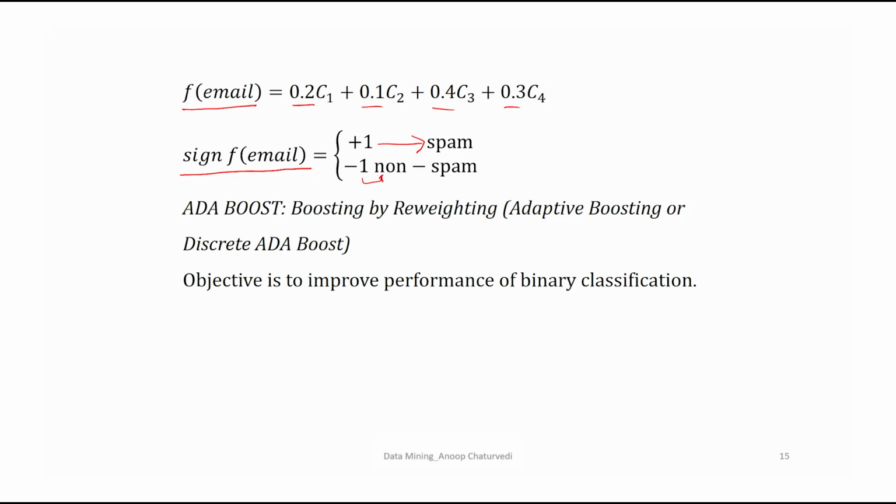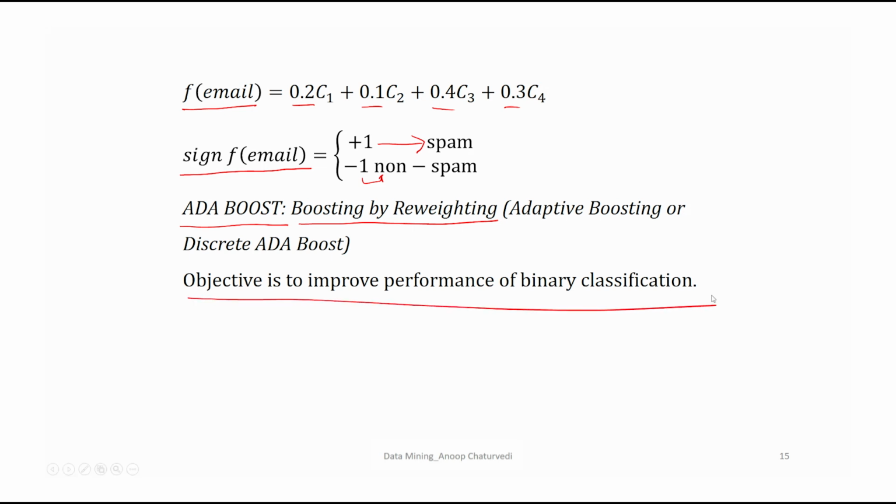For obtaining these weights we use the AdaBoost algorithm, and by AdaBoost we mean boosting by reweighting, say adaptive boosting or discrete AdaBoost. The objective is to improve the performance of the binary classification.